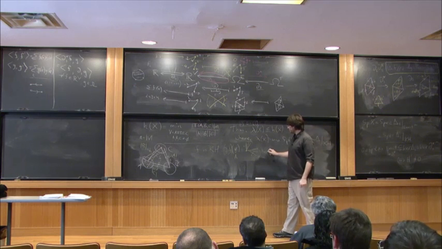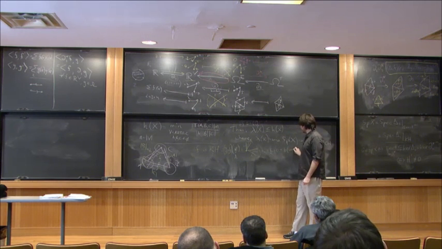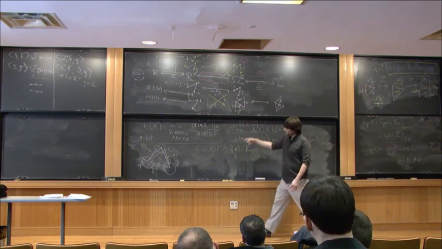So in total this is C times B plus B times minus C, so it's 0. And the same computation holds in B and C.